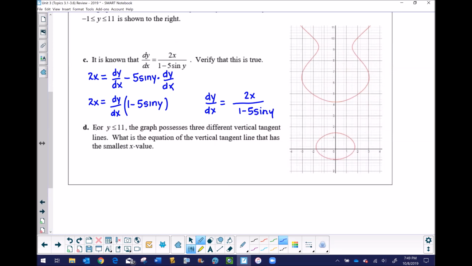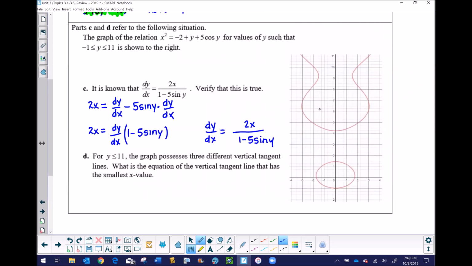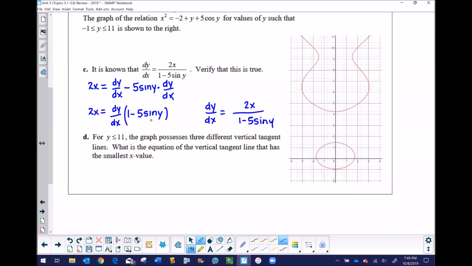It says, for y less than or equal to 11, which is pretty much what we see on the graph, the graph possesses 3 different vertical tangent lines. Now, that is an outright lie, you guys. I've made an adjustment to this, and I'm trying to see if yours reflects that.